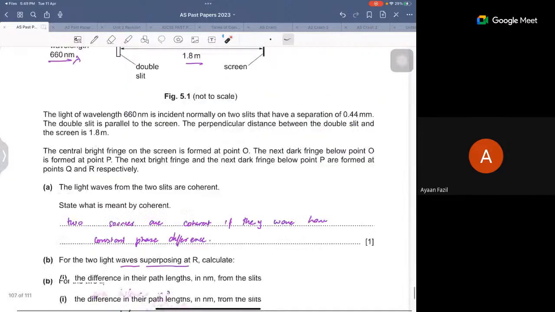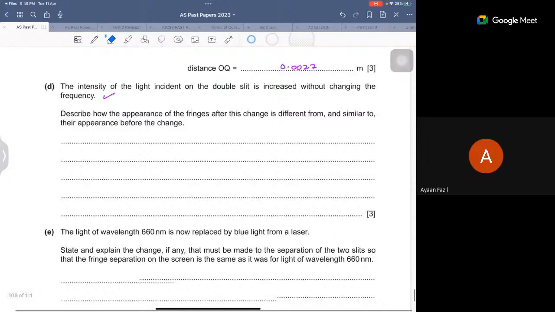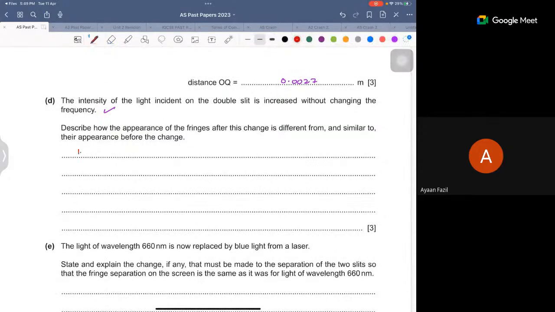So in this question for 3 marks, I would write that bright fringes will become brighter, and no change to dark fringes.